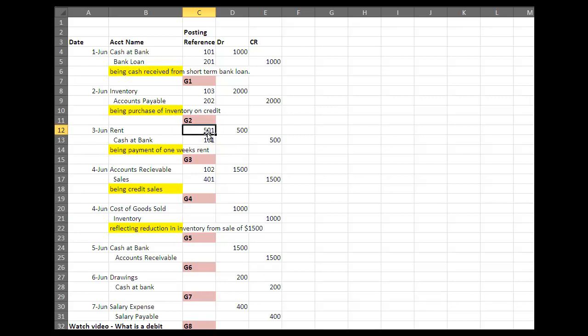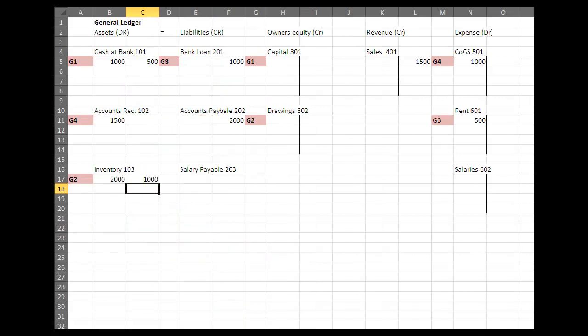Rent 501 when rent is 601. So I've now fixed that item up. Now down to cost of goods sold is 501 and inventory is 103 to signify we've posted them, and this is journal G5.